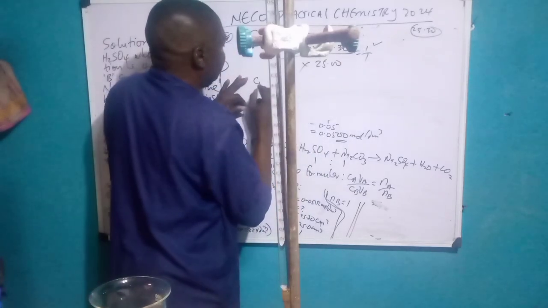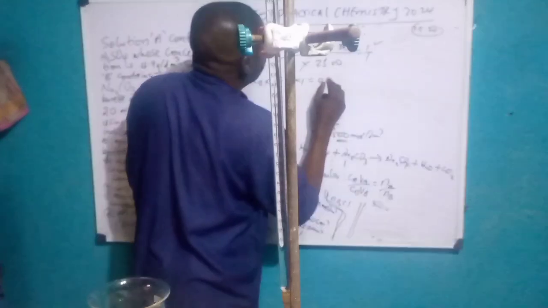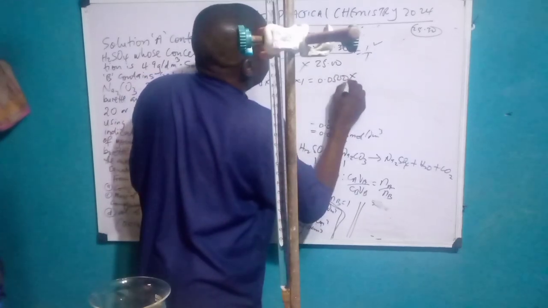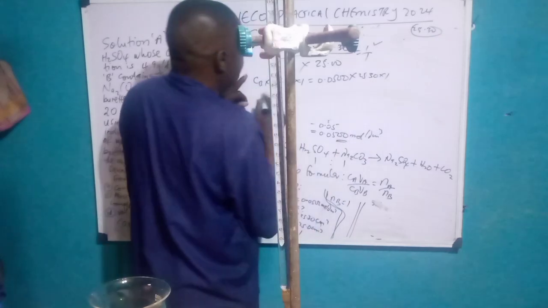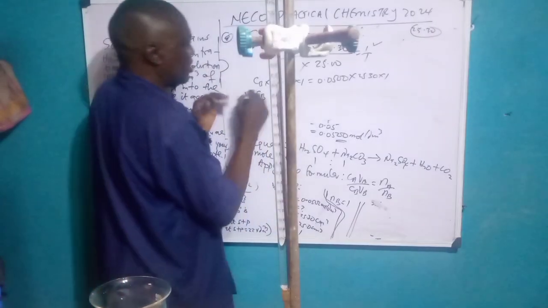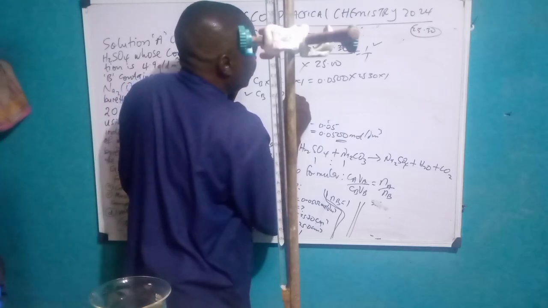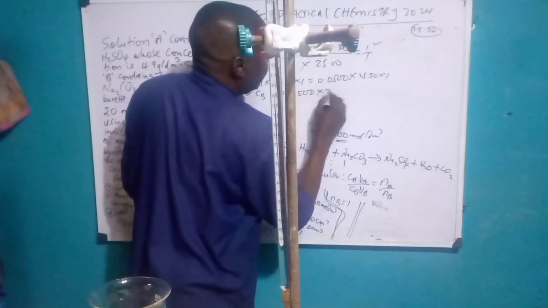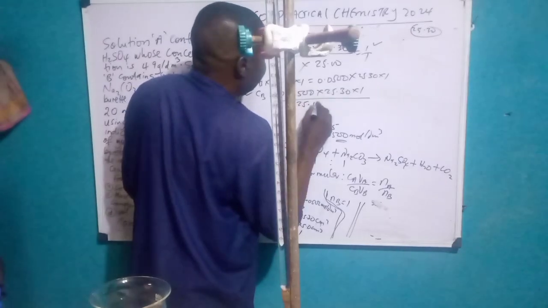We say Cb times 25.00 times 1 equals 0.0500 times 25.30 times 1. Where is Cb? Making Cb the subject of the formula, again 1 mark, equals 0.0500 times 25.30 times 1 over 25.00 times 1.